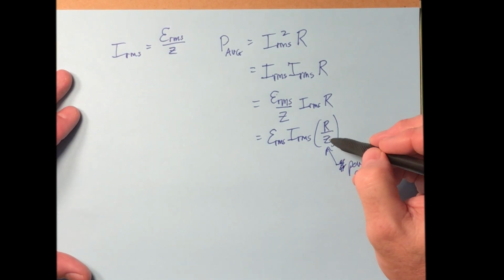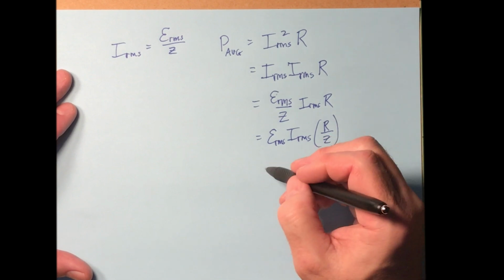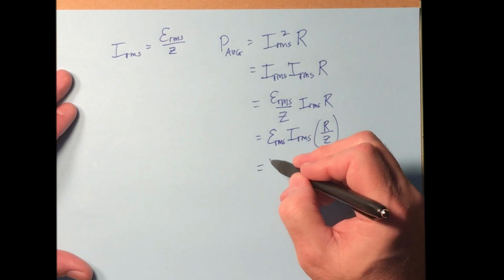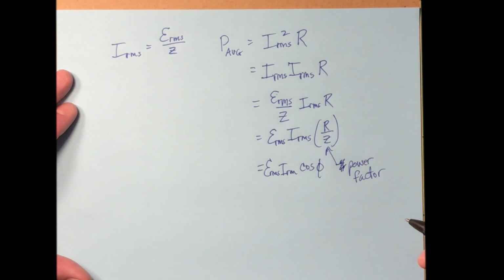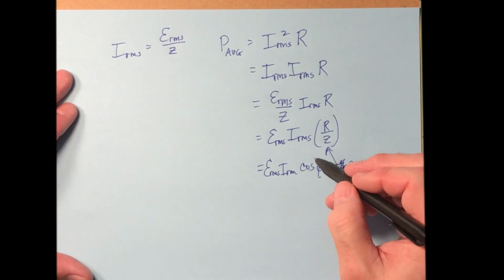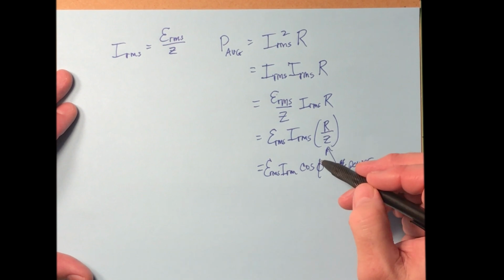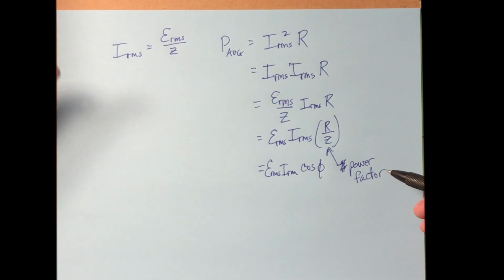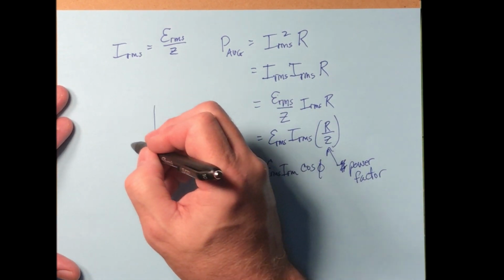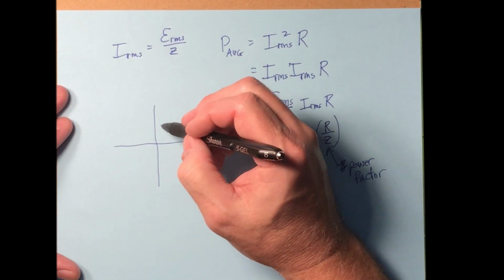Now, R over Z is actually equal to the cosine of the phase angle. That's not obvious, but let me convince you that that is indeed the case right here, right now. Let's go back to our phasor diagram.